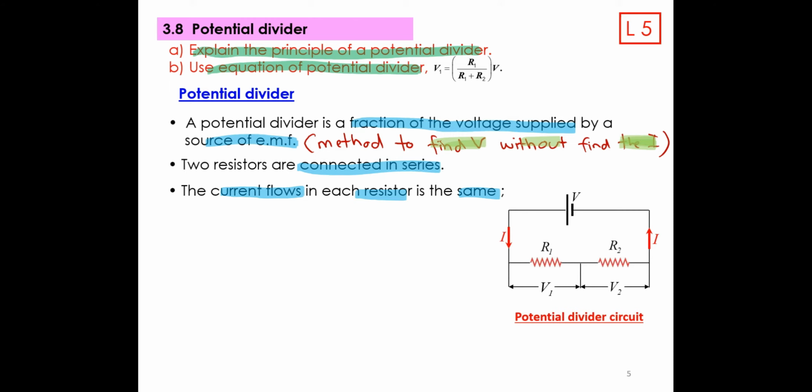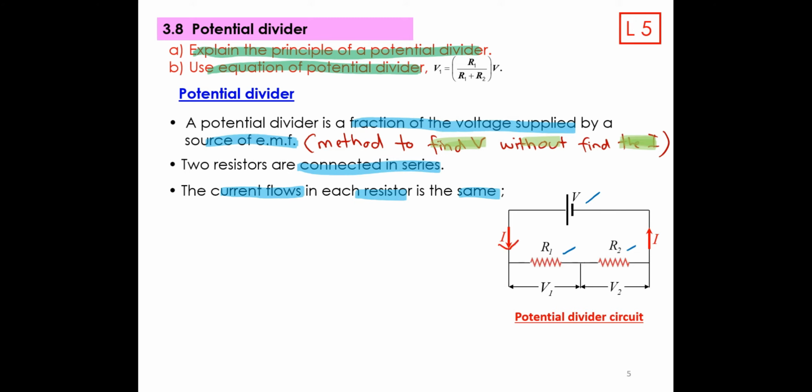Okay, let's say this is your simple circuit. You have a battery connected through two resistors, R1 and R2, in series connection, and of course you have the current flow.